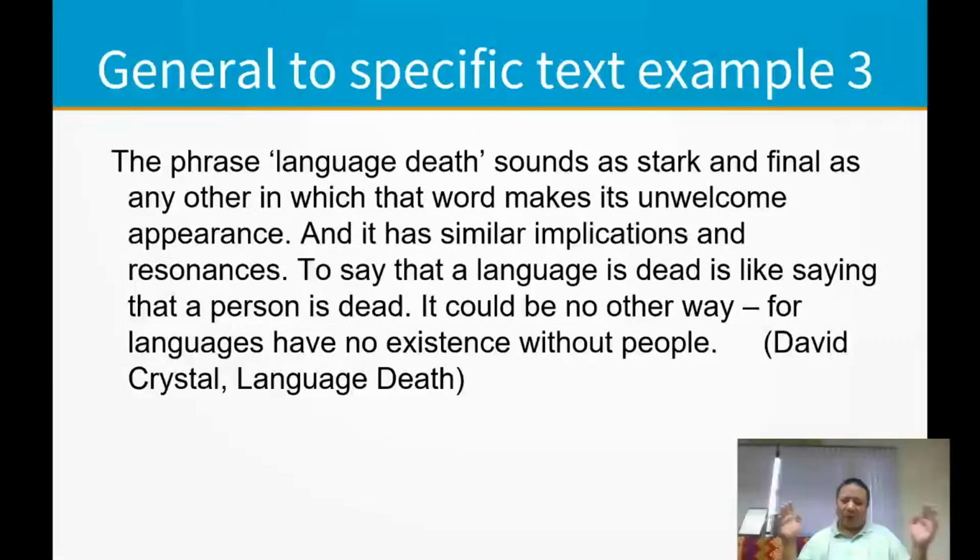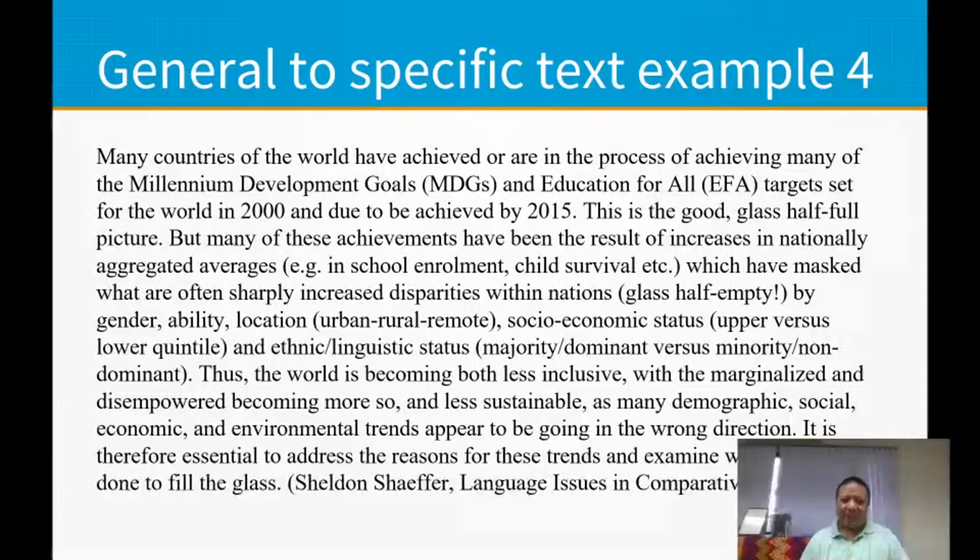So, wide again. Another example: many countries of the world have achieved or are in the process of achieving many of the Millennium Development Goals and education for all targets set for the world in 2000 and due to be achieved by 2015. This is the glass half full picture.